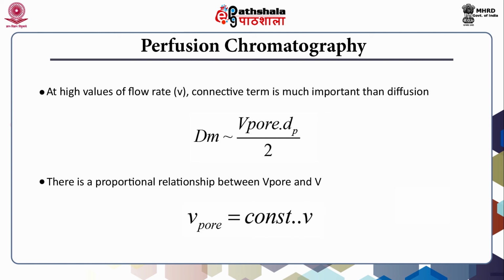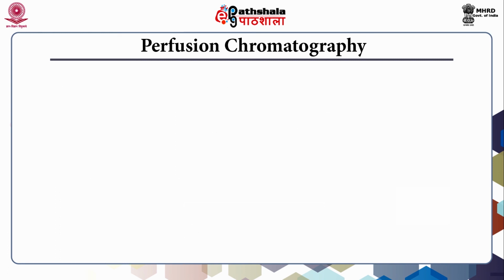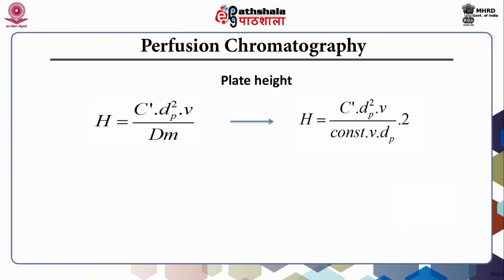In the next slide we will see further mathematical expressions by substituting dm with a constant multiplied by flow rate multiplied by dP. If you see this particular value of dm in the theoretical plate height, the V and V are cancelled.